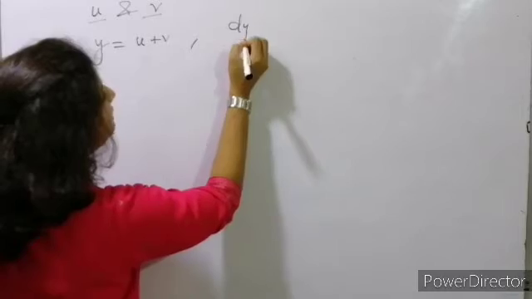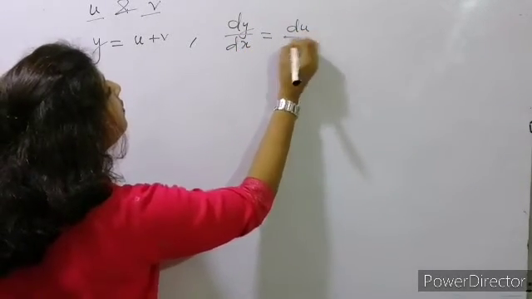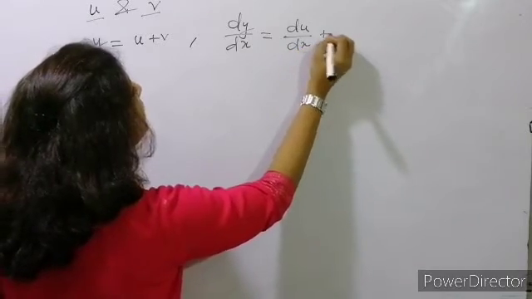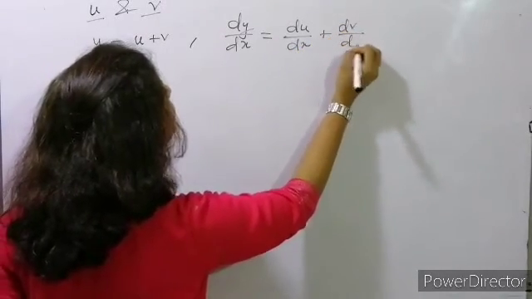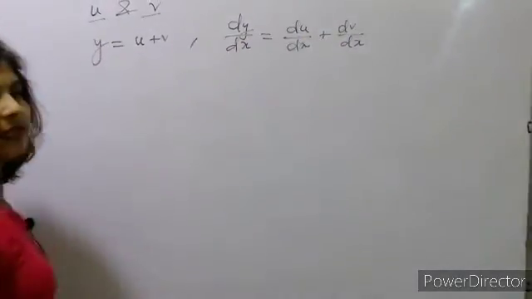In that case, dy by dx will be equal to du upon dx plus dv upon dx. So both du and dv will be differentiable.